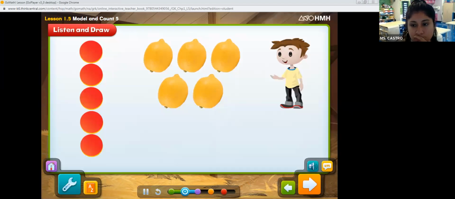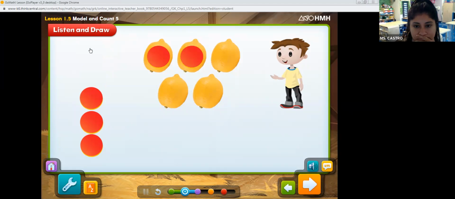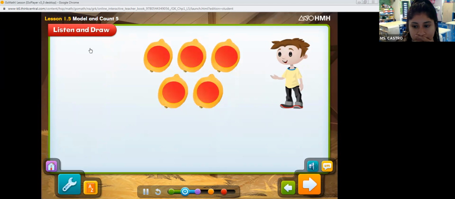Carlos has some lemons. Let's use counters to find out how many lemons Carlos has. Click the counters to move 1 to each lemon. 1, 2, 3, 4, 5. Great! You've counted all of the lemons.